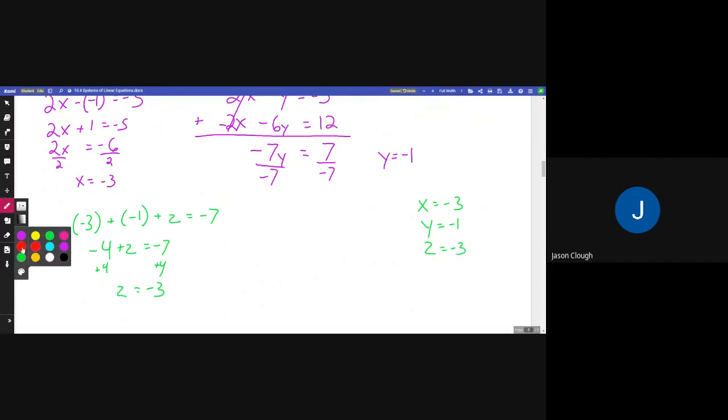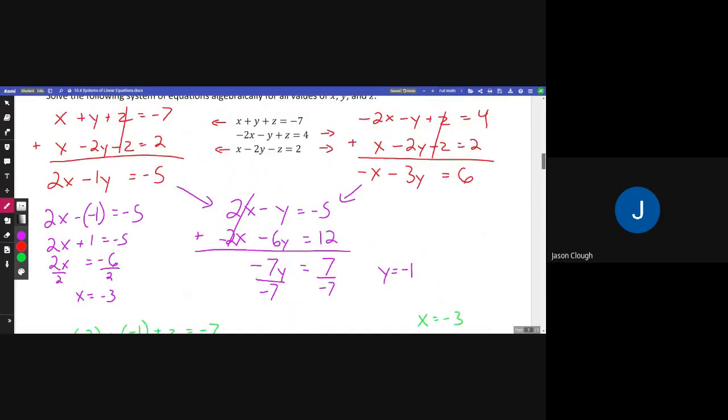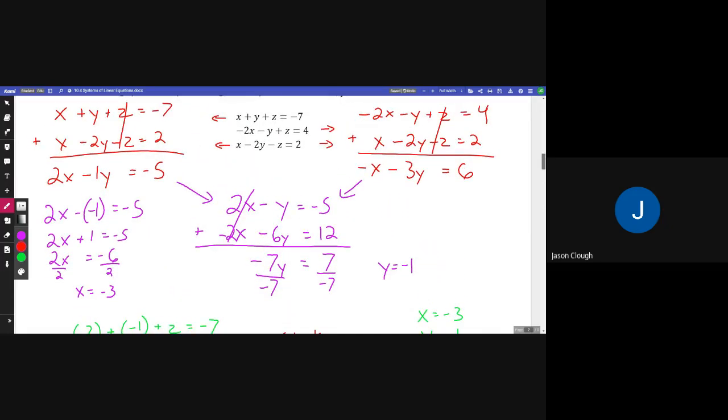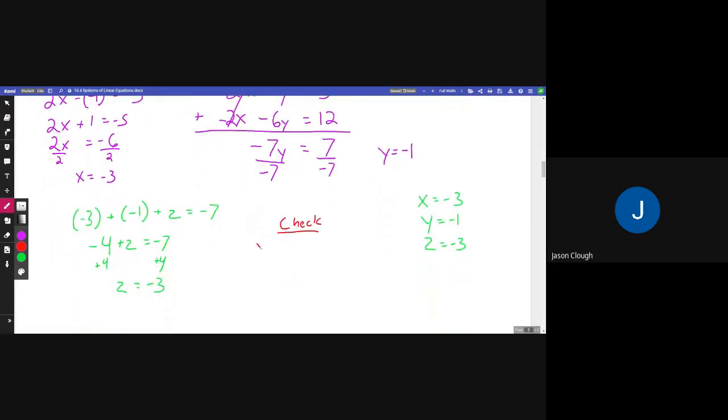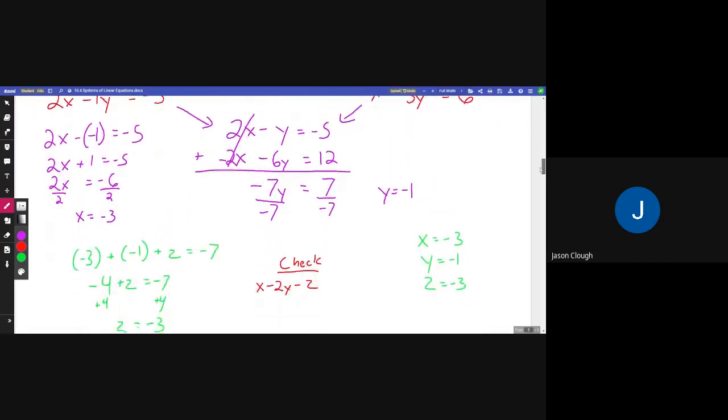Like with everything, we want to do a very quick check of our answers. So I'm going to use one of the other equations. I'll use the third equation, x minus 2y minus z equals 2.